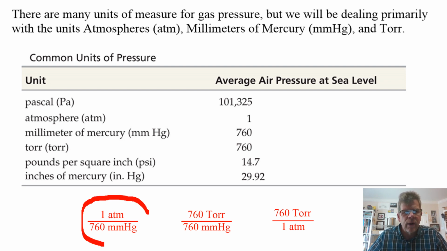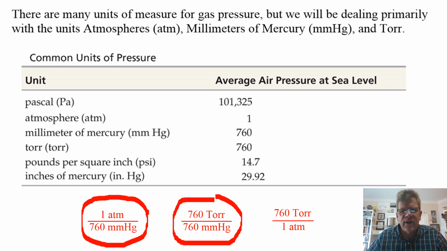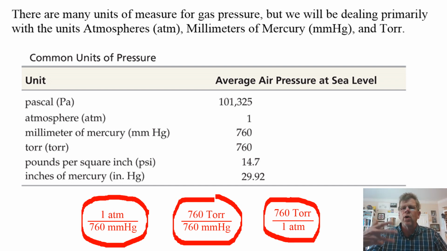1 atmosphere per 760 millimeters of mercury, or its reciprocal. 760 torr per 760 millimeters of mercury, or 760 torr per 1 atmosphere, and the list goes on and on. But I think you get my gist here, that ultimately, when presented with something like this, in this case, the average air pressure at sea level, it is a ripe environment for coming up with per expressions.